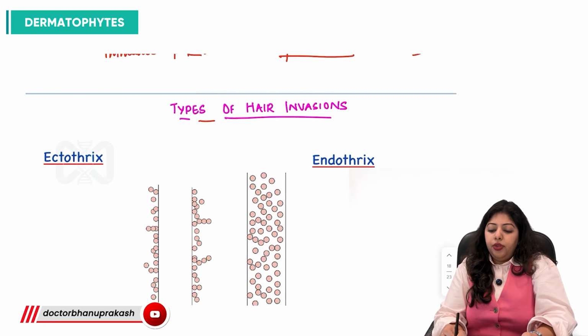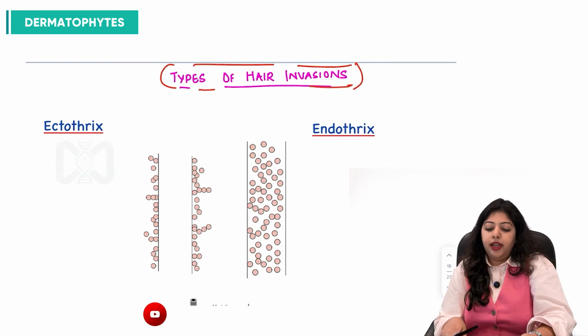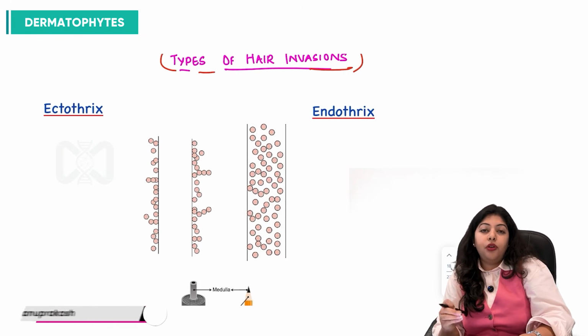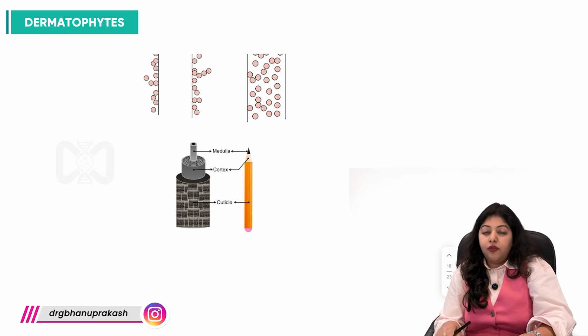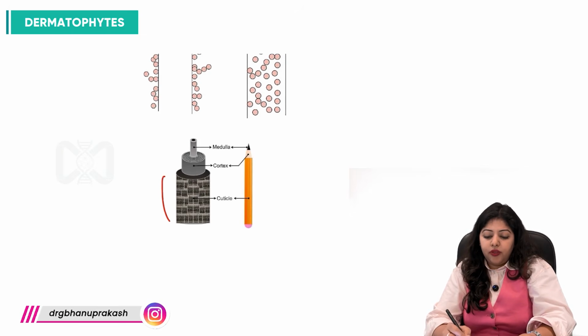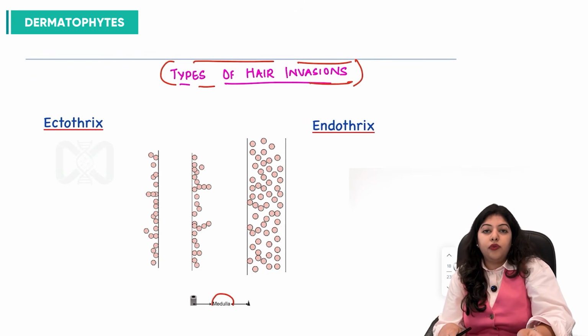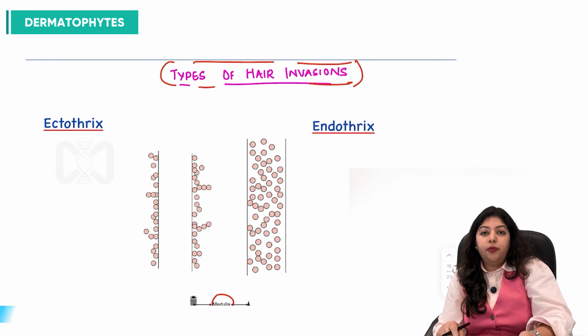Now moving on to a very important section where you get a lot of one-liners from: the types of hair invasions. This is the structure of the hair. We have the outer part, that is the cuticle, then we have the cortex and the medulla, right? So the hair shaft is getting involved in certain dermatophyte infections.